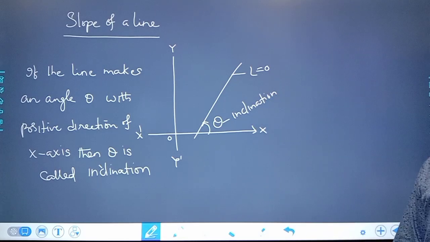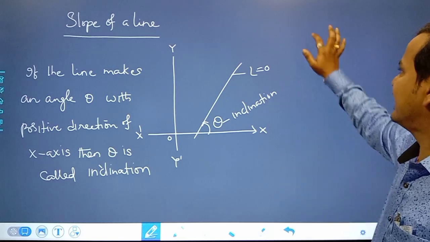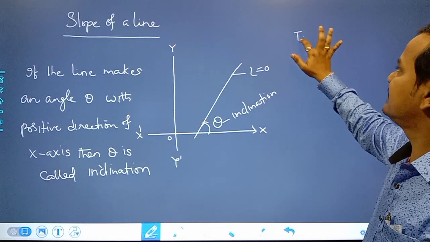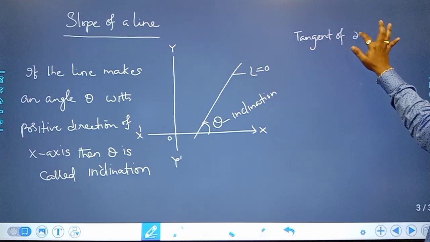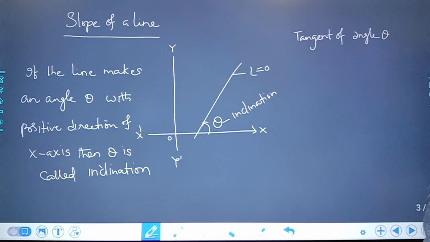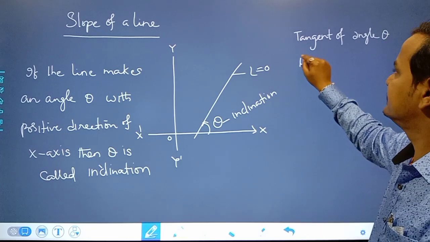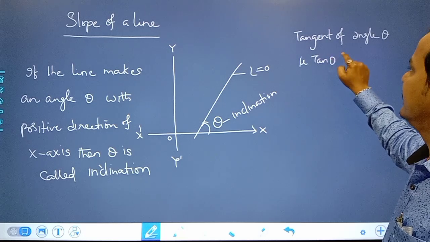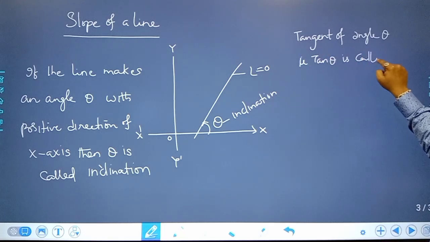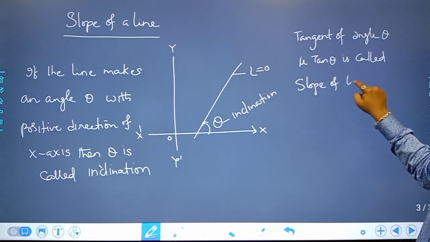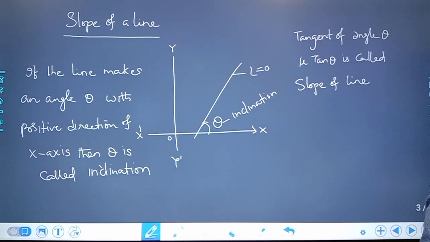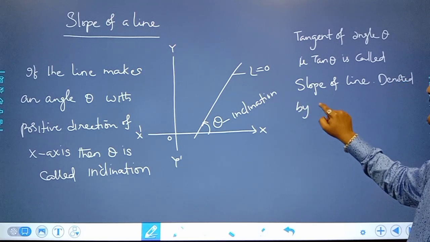The tangent of the inclination, the angle theta, that is tan theta, is called the slope of the line, and is denoted by m.